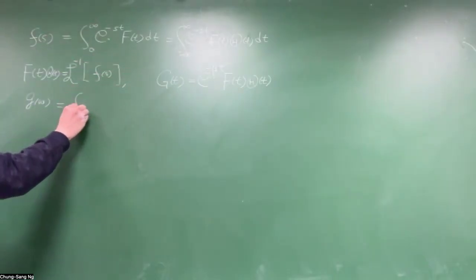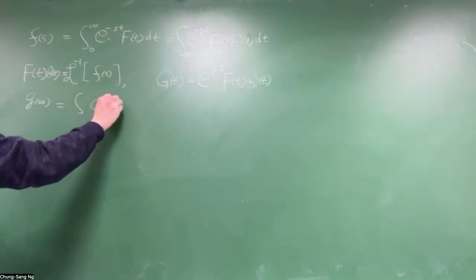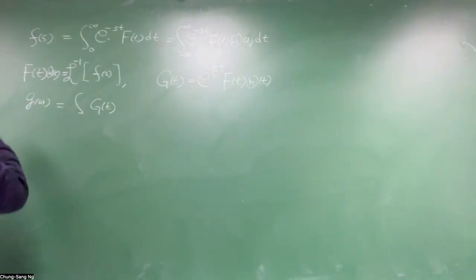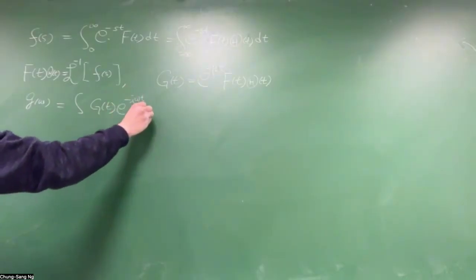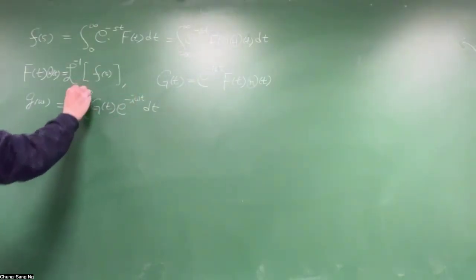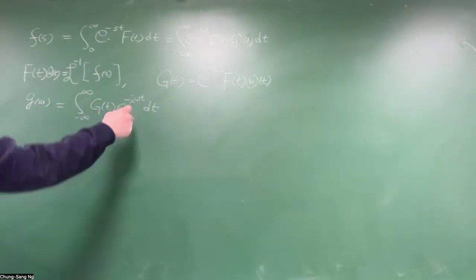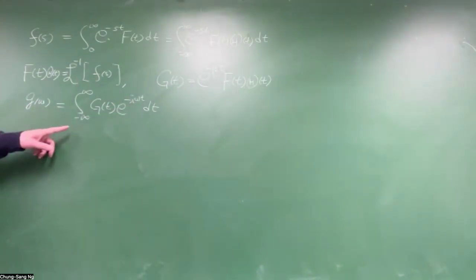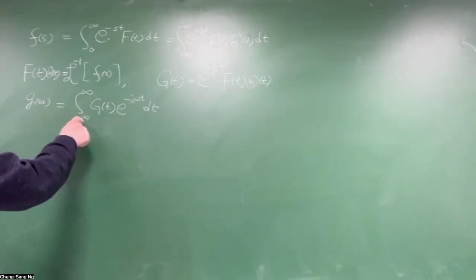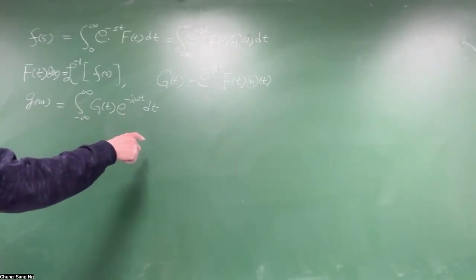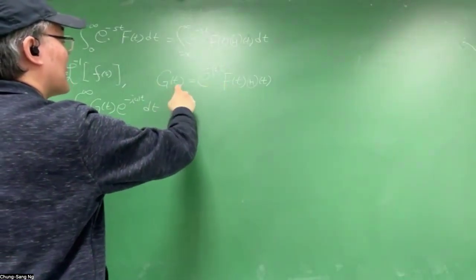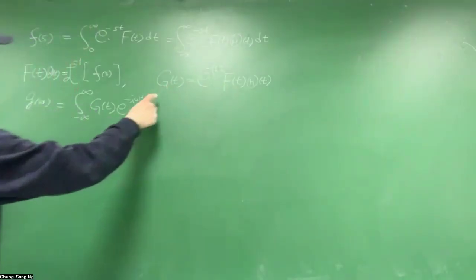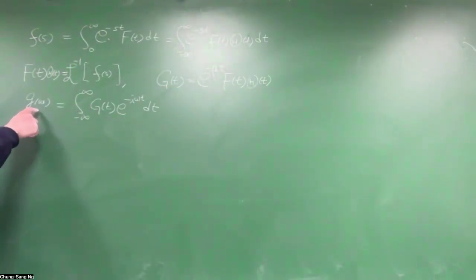So we define this as G(omega), the integral of g(t) with the exponential factor, and we are using the convention with minus i omega t in this transform formula. Okay, and now that is fine. Once we have that, we can now solve for this capital G by the inverse transform of little f.